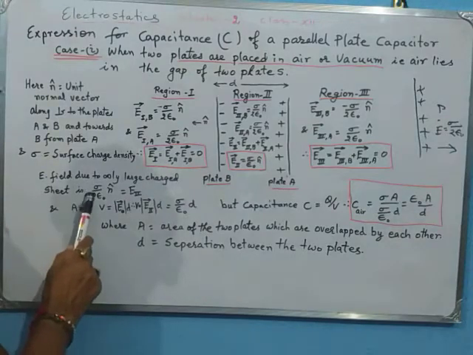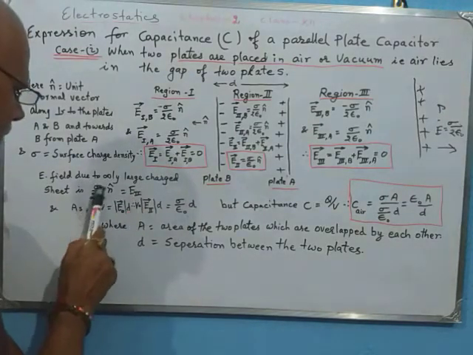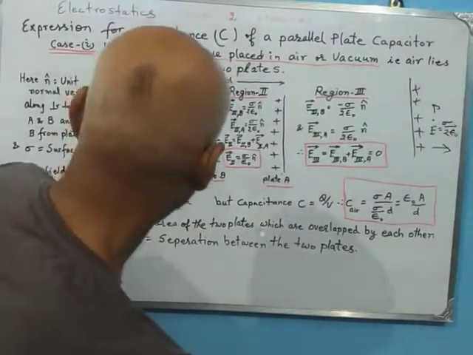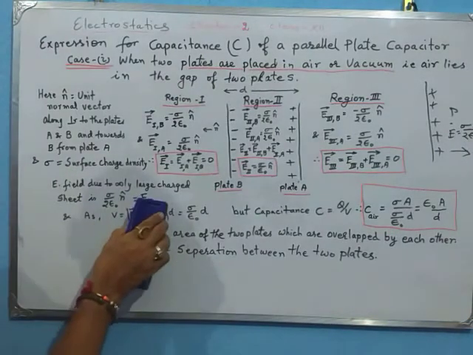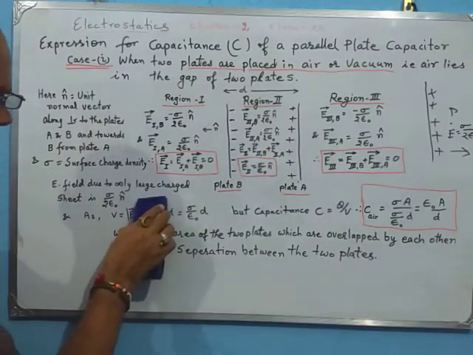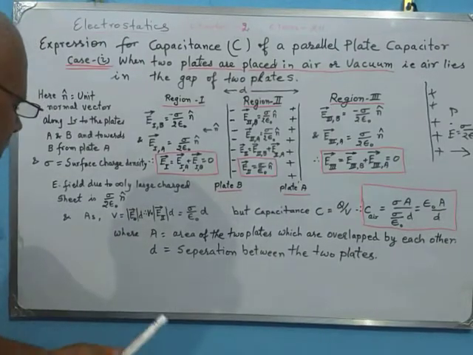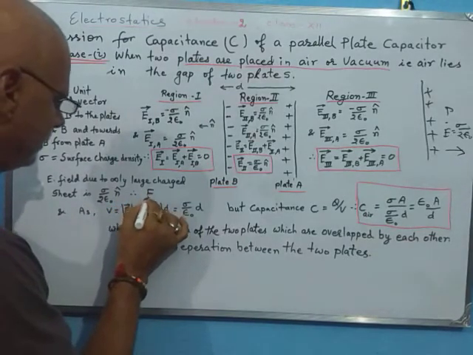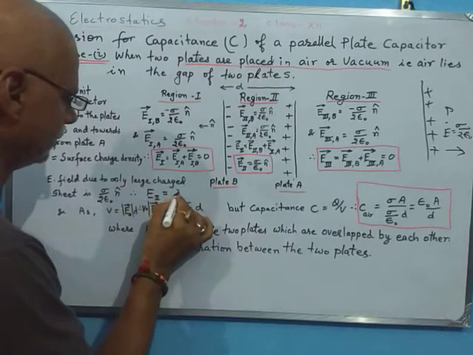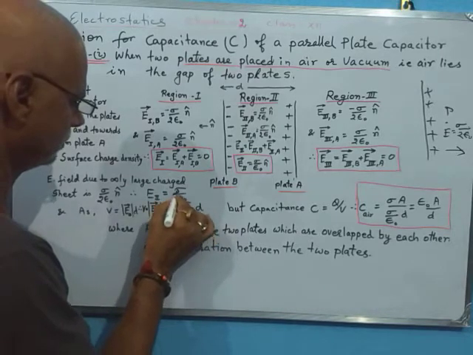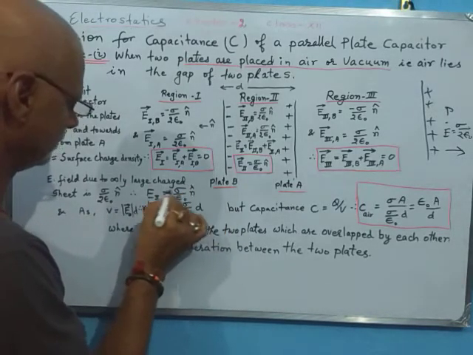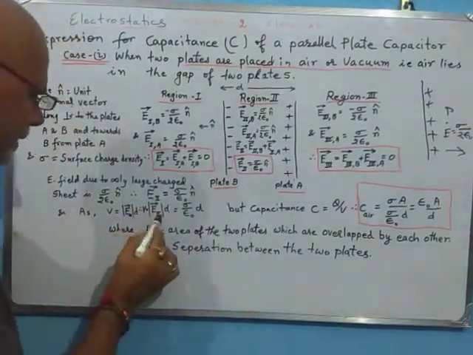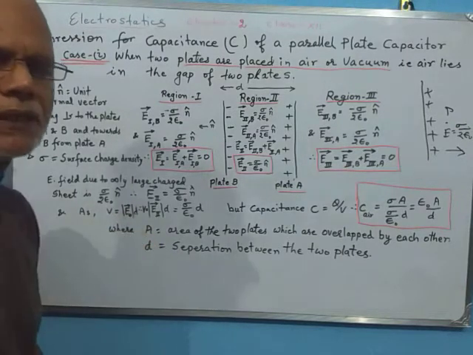So we have now seen that electric field in zone 2 is this much, which we have earlier derived, and therefore E2 is equal to sigma by epsilon naught into unit normal vector.